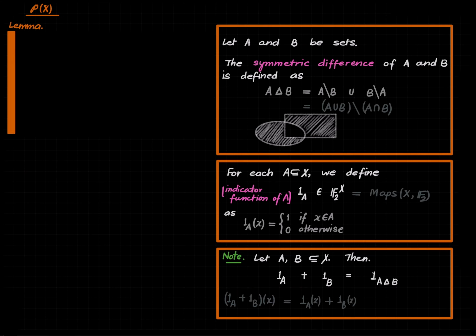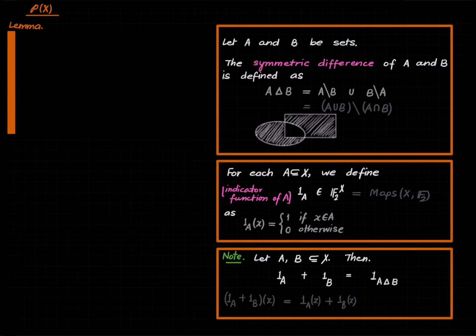If x lies only in A and not in B, then this will give you a 1. For that particular x, the right side will output a 1, and this will also output a 1, because this one will output a 0 and this one will output a 1. So you can just easily check. You can make cases.